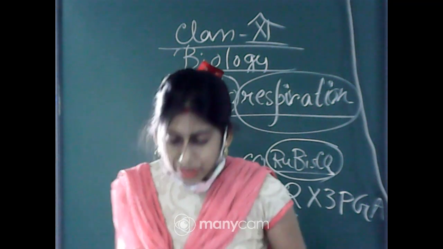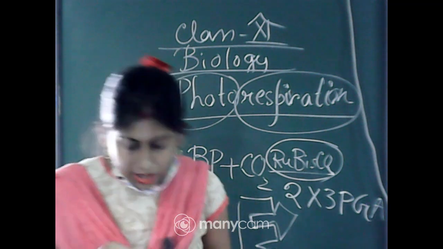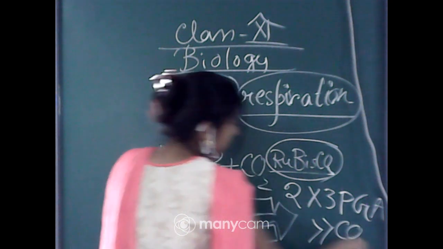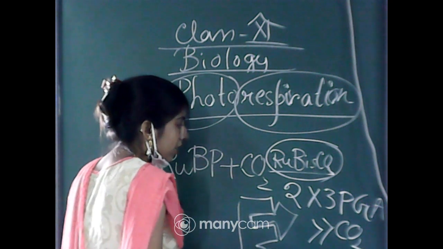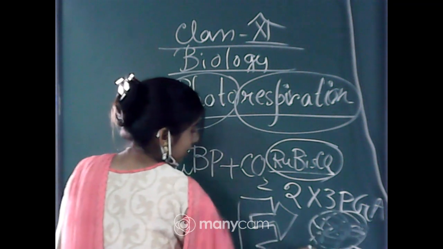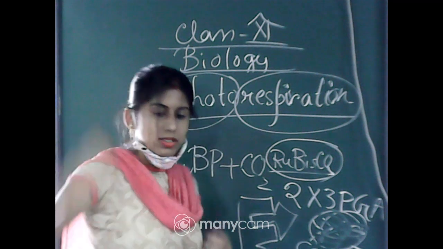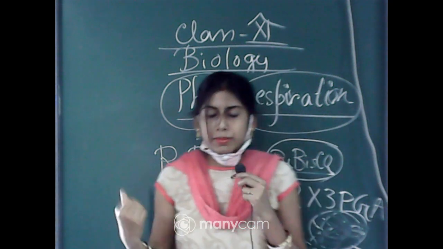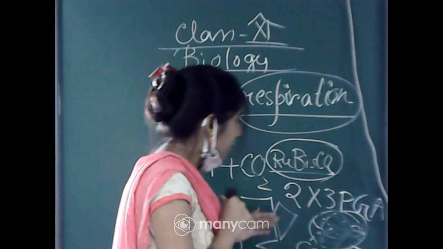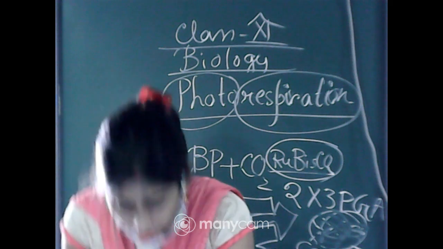So the affinity is quite different. It has a much higher affinity for carbon dioxide than for oxygen, or O2. So the affinity for binding carbon dioxide in the active site is much higher than for oxygen.